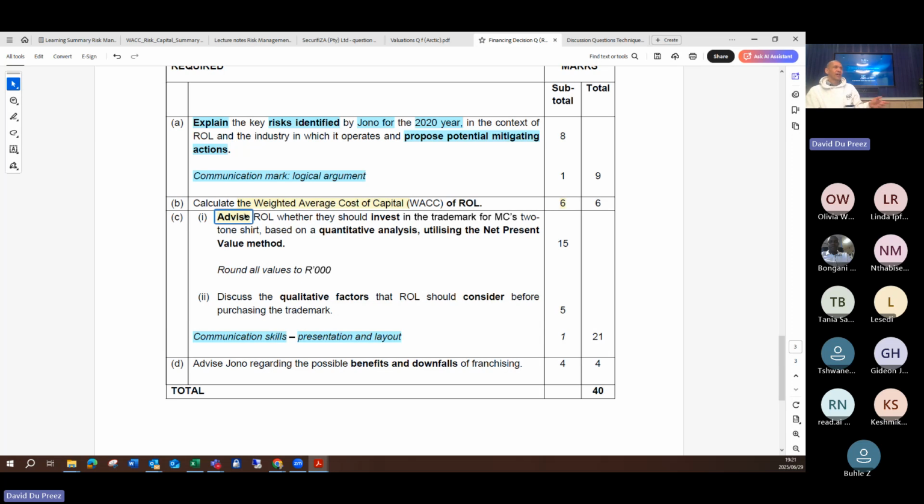It's a conclusion, and when you make a conclusion, remember to support it. Say yes, they should invest because the net present value is positive. Or you can say the cash flows exceed the expected return because the net present value is positive. That's what you need to do here.